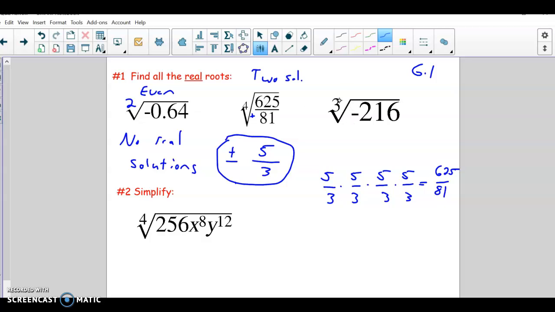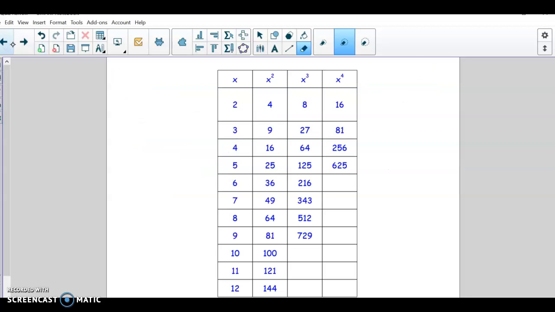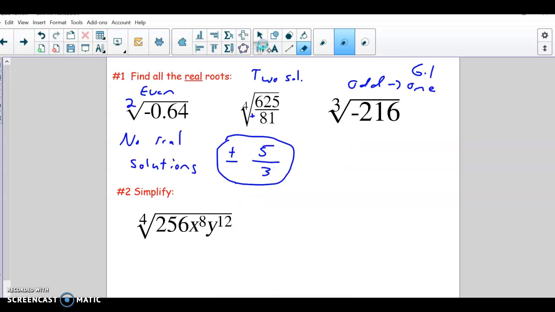Okay, odd one. This is an odd one because it's the third power. It always has 1 answer, whether or not the radicand underneath is positive or negative. So for this particular one, it's going to have 1 answer, and we could use our calculator or our chart. Maybe we're going to use the chart on this one. So 216 is 6 cubed. So if I do the cube root, I'm going to get 6, or in this case, negative 6.